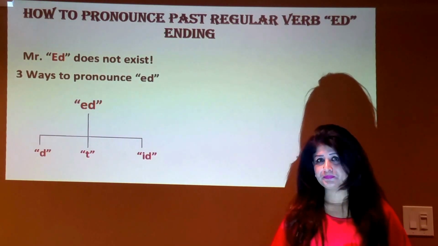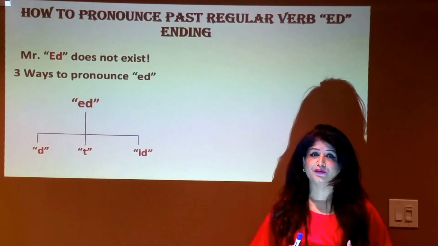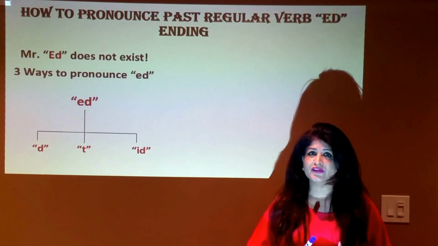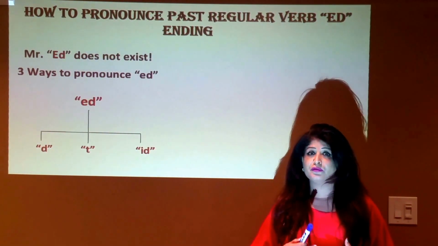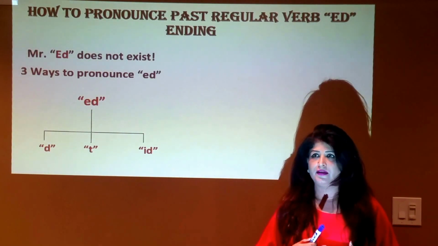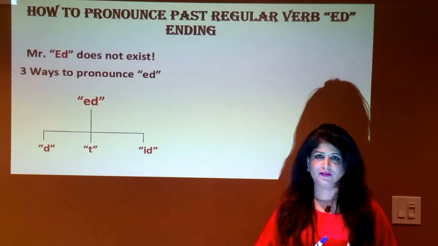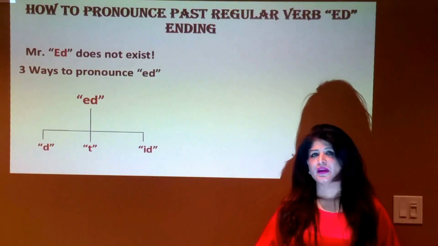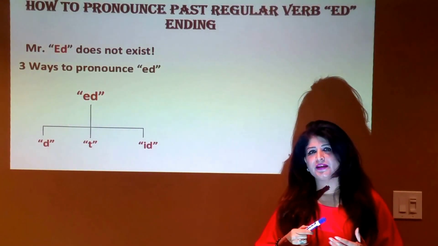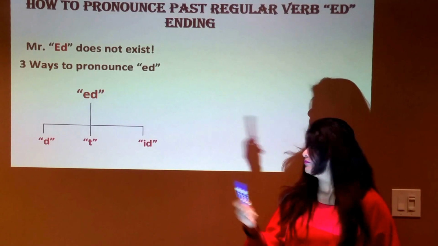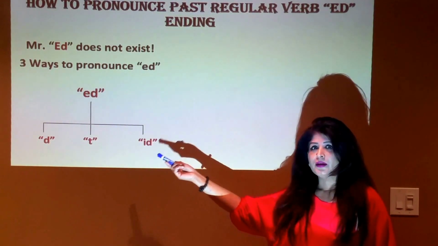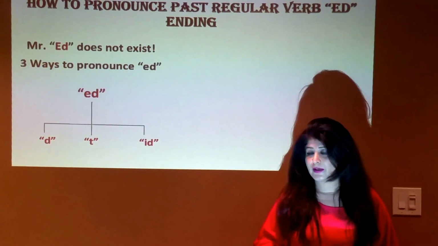And then there is a third group. The third group is really easy. In that group, we only have two consonants, t and d. The words ending in t and d take the last option.